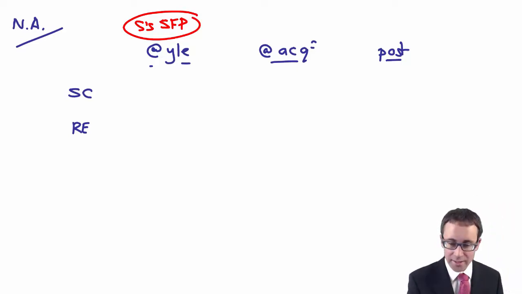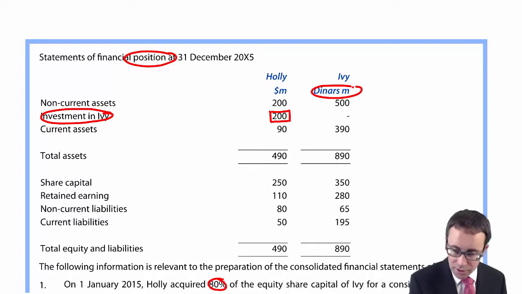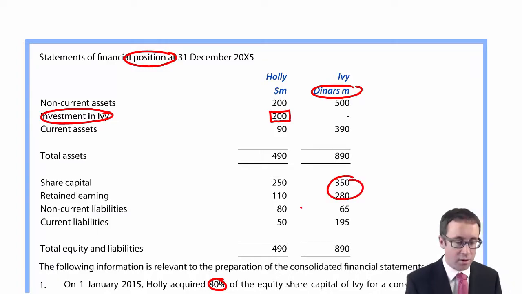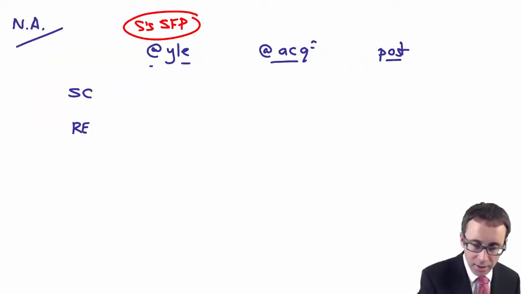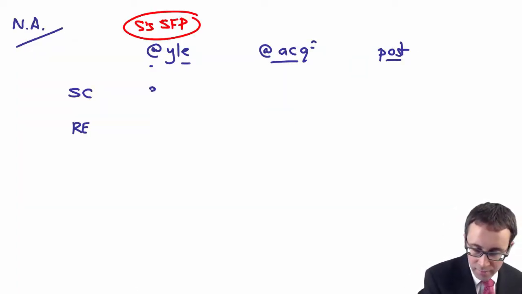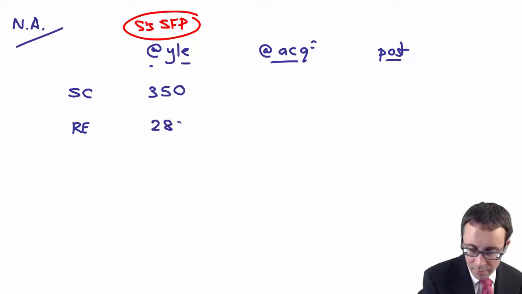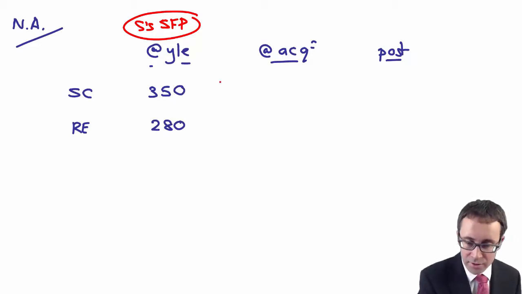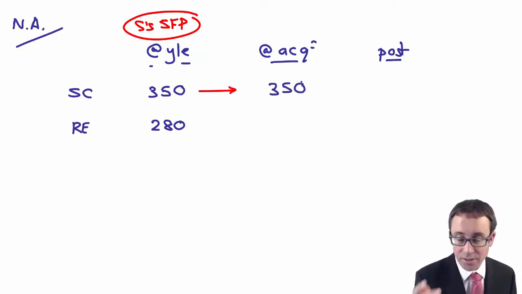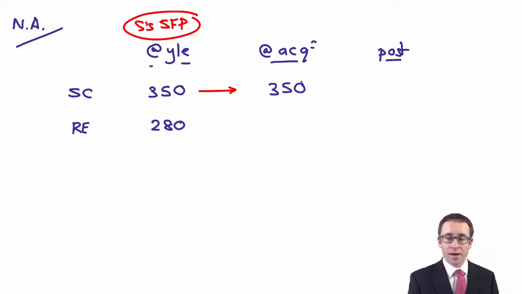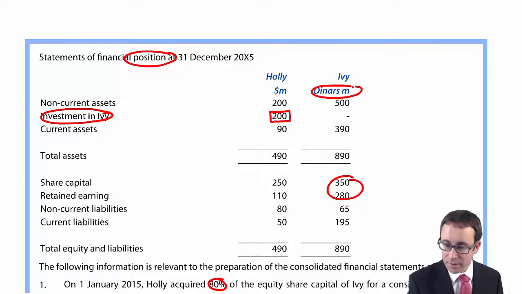So if I find S's statement of financial position at year end, you've got 350 and 280. So I can put those in, 350 and 280. Again, like we've seen previously, the 350 at year end is the same figure as what we have at acquisition, isn't it? And then we need to work out what the retained earnings are.